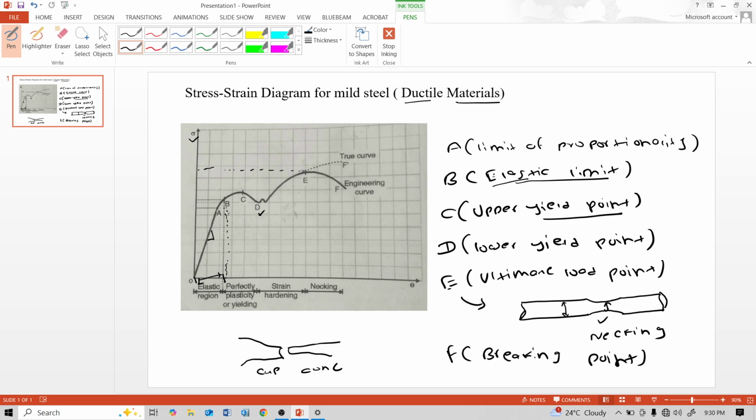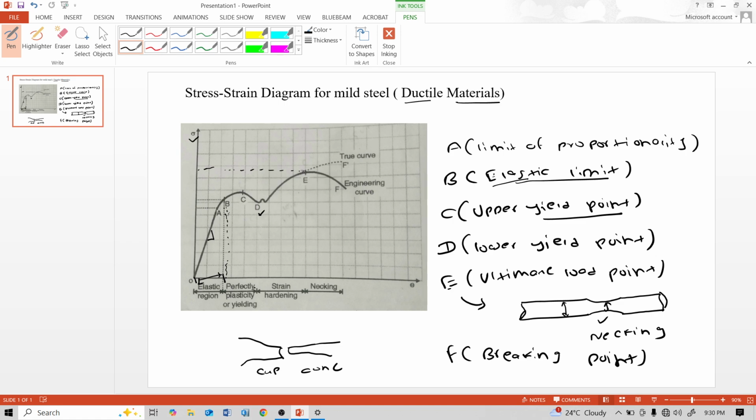So this is the stress strain diagram for mild steel. Firstly, between O and A, Hooke's law is obeyed, and between A and B there is deviation in the curve, and O to B is the elastic region. After this, as stress increases, strain also increases, but there is no elasticity.